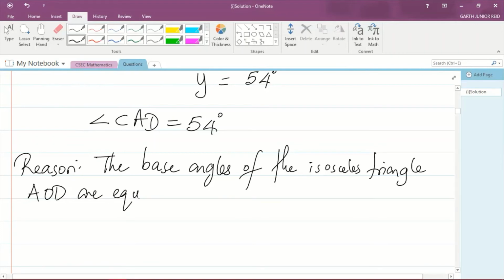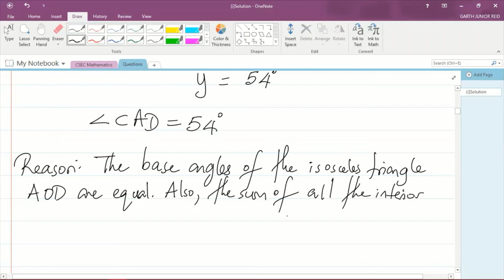Also, we know that the sum of all the interior angles of a triangle is what? 180 degrees.